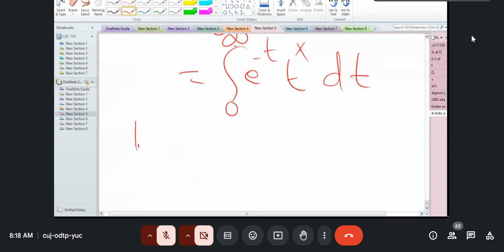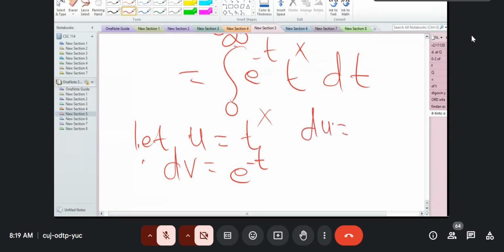So we have to let some function be equal to u in this case. Choose your u such that you can easily differentiate it, and your dv such that it's easy to integrate. So if our u is equal to t power x, what's our du? When you differentiate t raised to power x, what do you get?